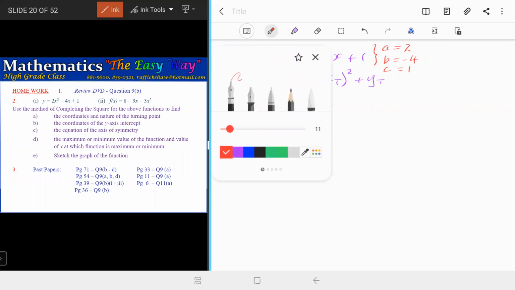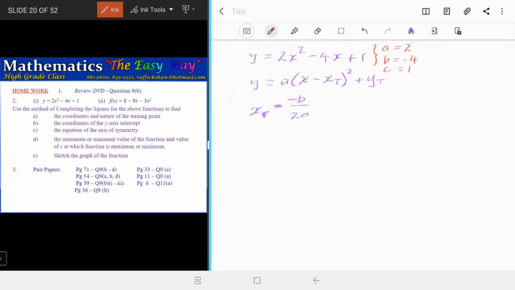So we're doing the xt first. So we substitute the values, and we're careful with substituting the values. Be careful with these negatives. So this is negative b, and the b itself is negative 4. So this minus I put down first, and then I have to put down the b now.